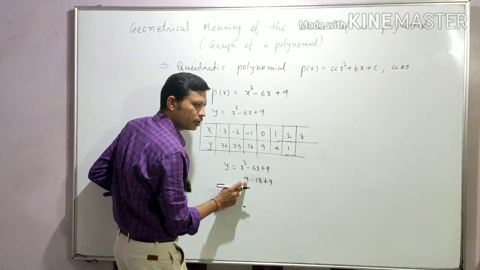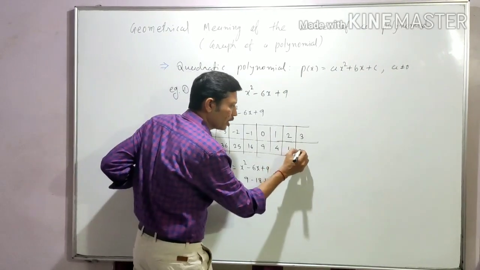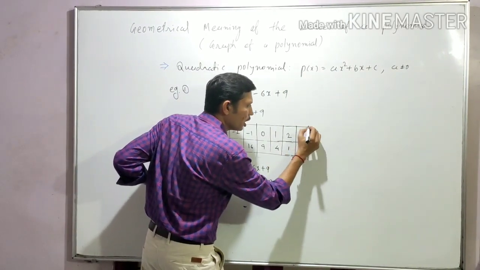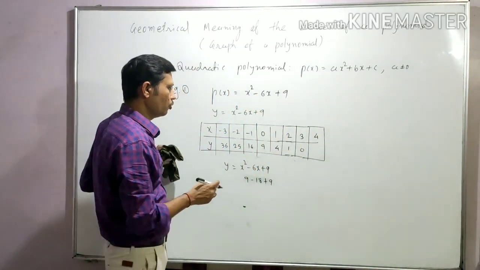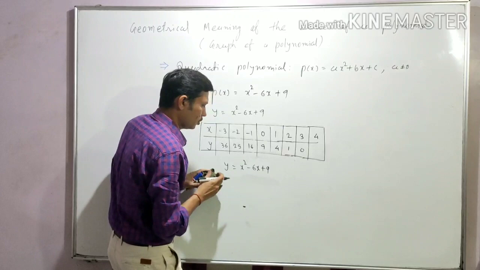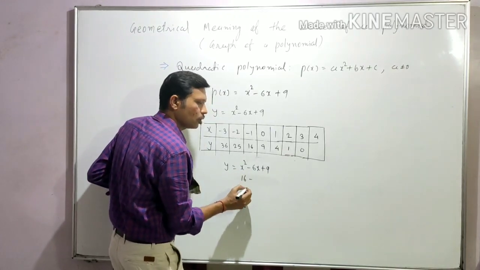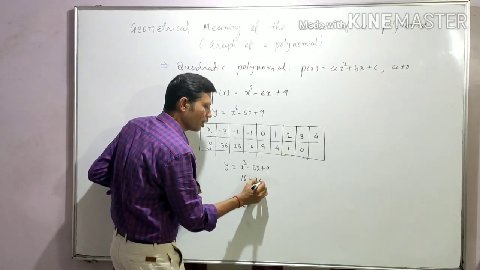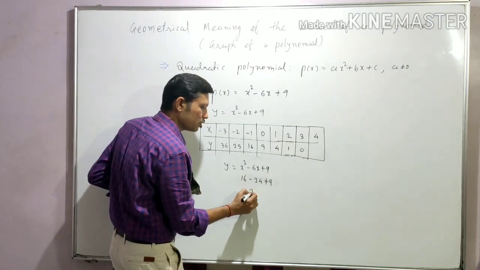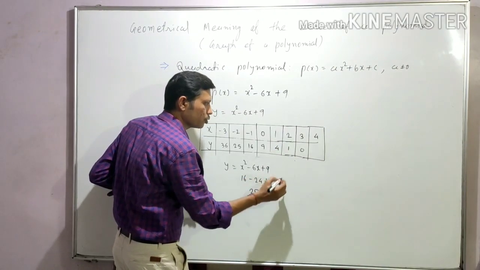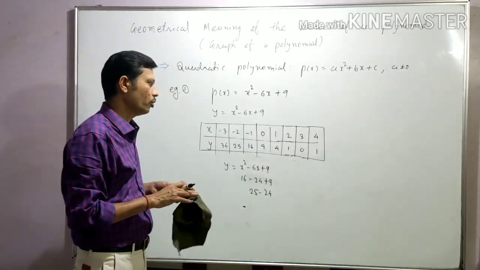So 9 and 9 addition is 18, and minus 18, it becomes 0. One more last value that we take, 4. 4 the square, 16, minus 6 4s are 24, and plus 9. So 9 and 16 becomes 25, minus 24, so it's 1.